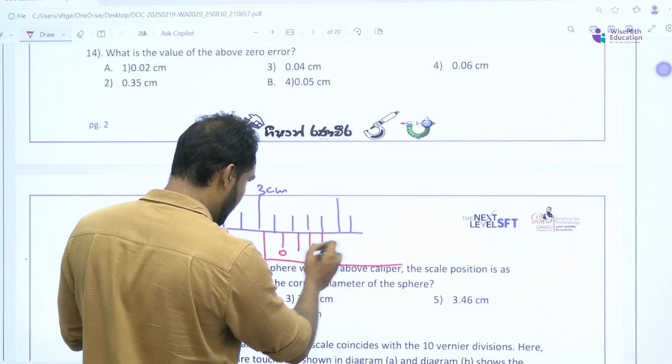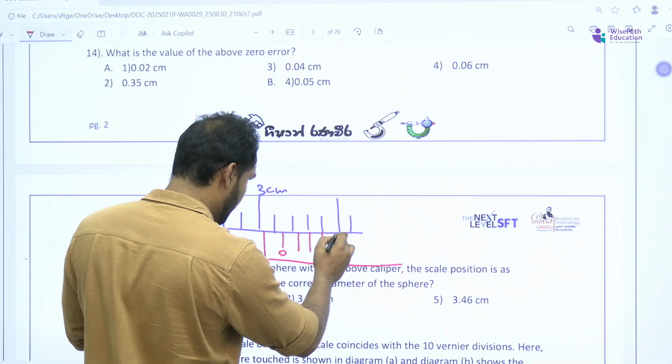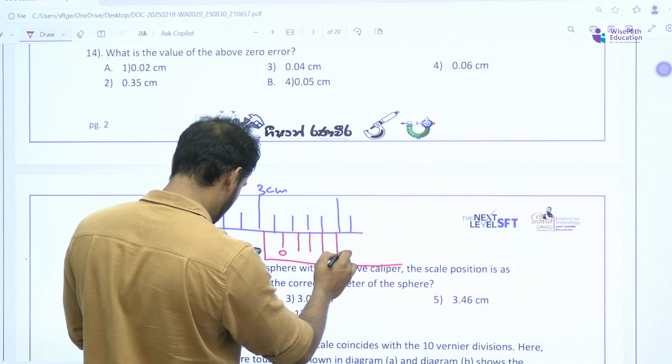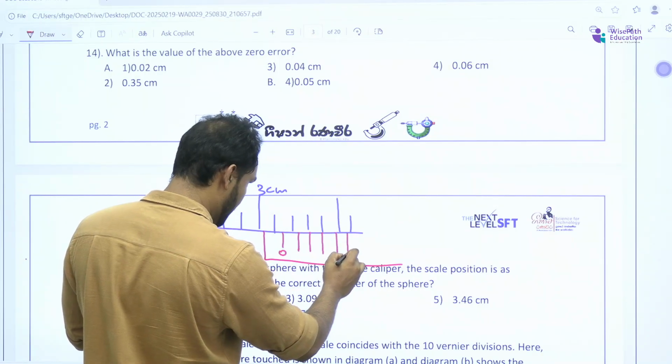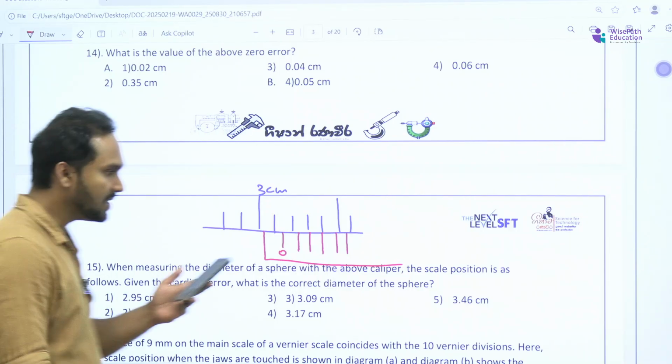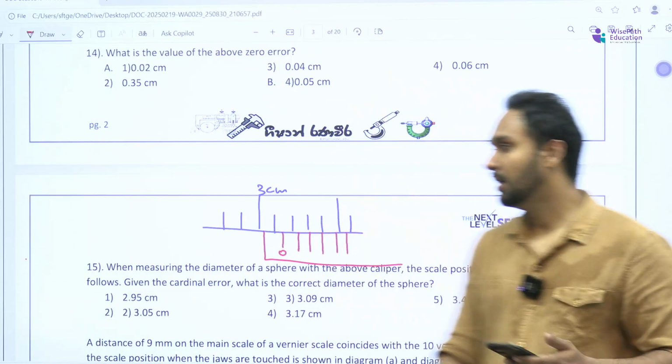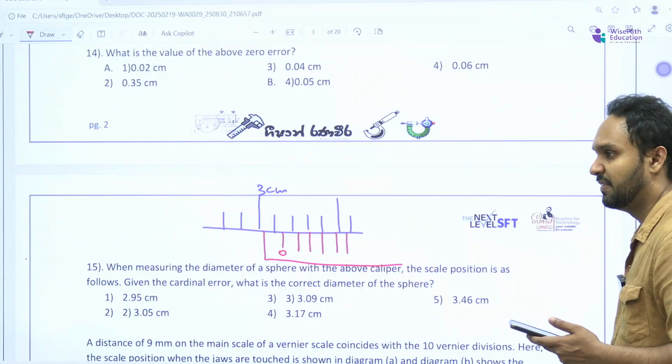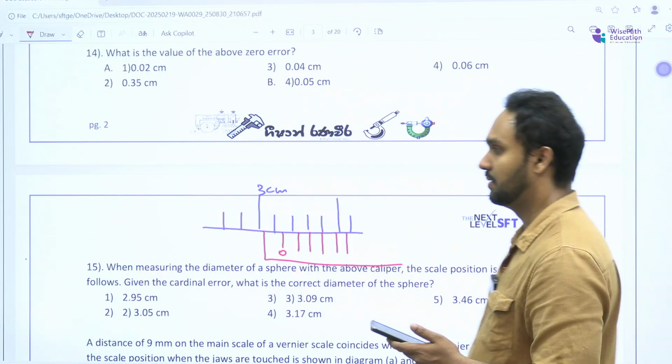The third line has aligned. The 4th line is there here, and the 5th line, right? This is how it is, right? So this is the diagram for the 15th question. Can you draw it faster?